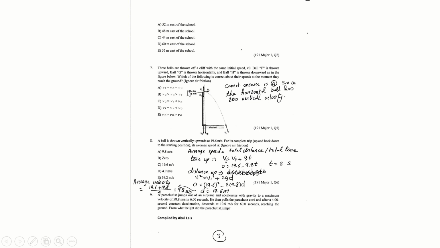Now, of course, we assume here that there is no air resistance, so the ball that is thrown down and the ball that is thrown up will have the same velocity as they reach the ground, because they will both be accelerated exactly the same way with the acceleration due to gravity. So what about the other ball, which is thrown horizontally?